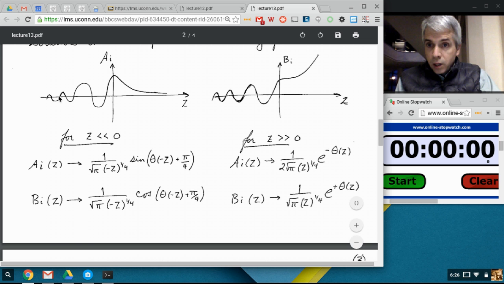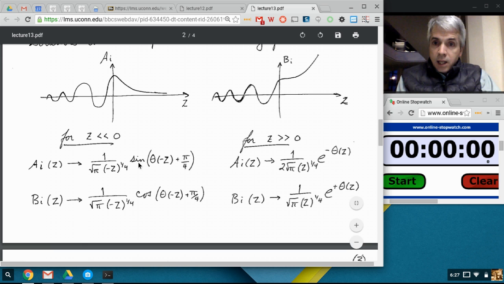The only difference between those which join on the other side to the exponentially damping, that's the Ai's, and the exponentially rising ones, is that this is a sine wave and this is a cos wave. So they're just shifted in phase. That's it. All right, now let's look at the other side.